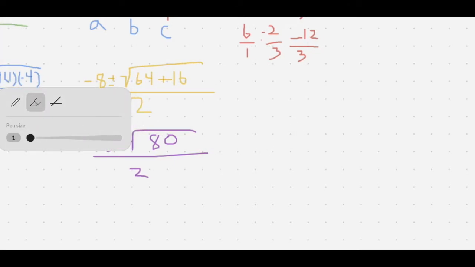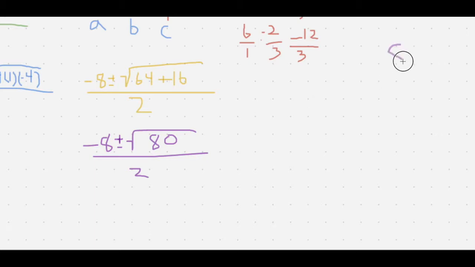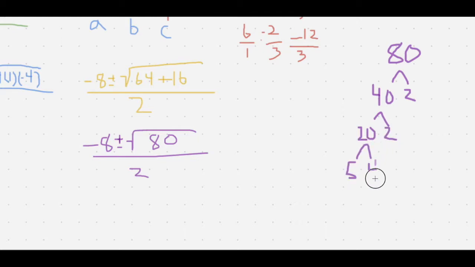Now I'm not sure how you all solve it, but we can do a tree factor right here, and we can get all of our like pairs. We know that 80 is 40 times 2. 40 is 20 times 2. 20 is 5 times 4.